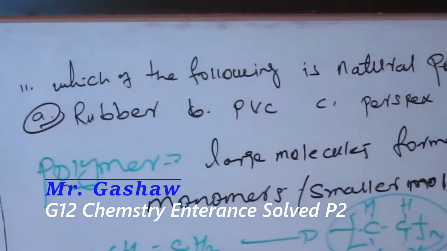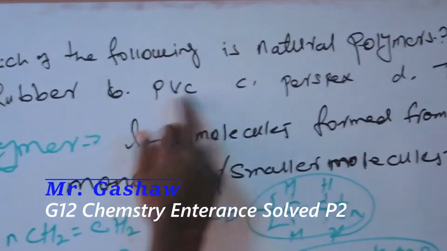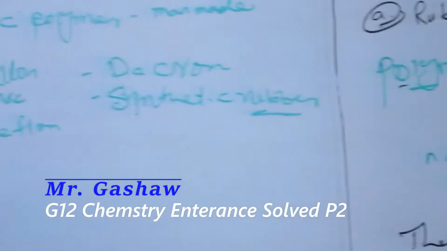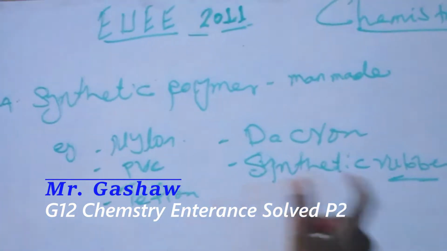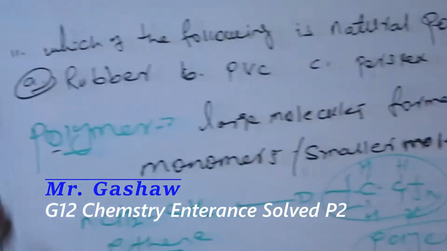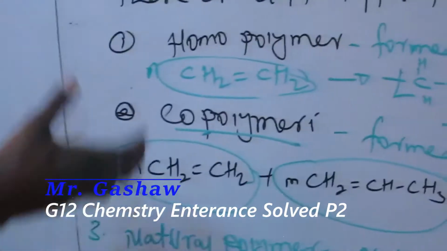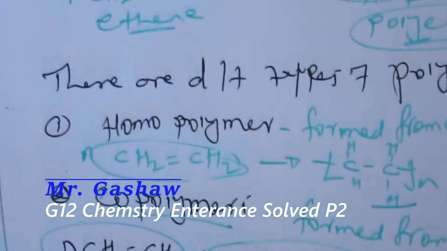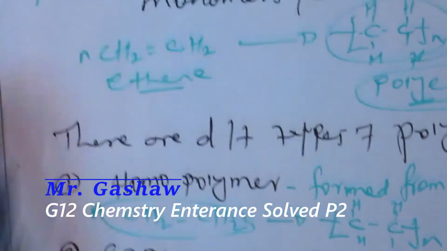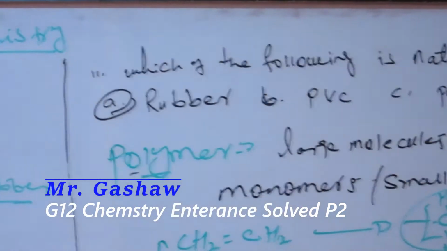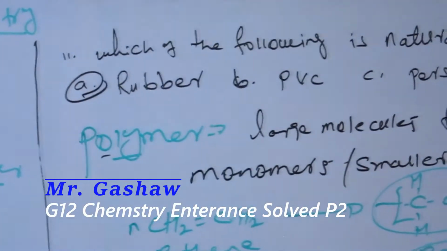But polyvinyl chloride, perspex, and Teflon are man-made or synthetic polymers. These are the polymers prepared by human beings, but rubber is a natural polymer. That means it occurs naturally. These are the types of polymers. So from this one, you should identify the natural polymer from the man-made. Your answer becomes rubber.